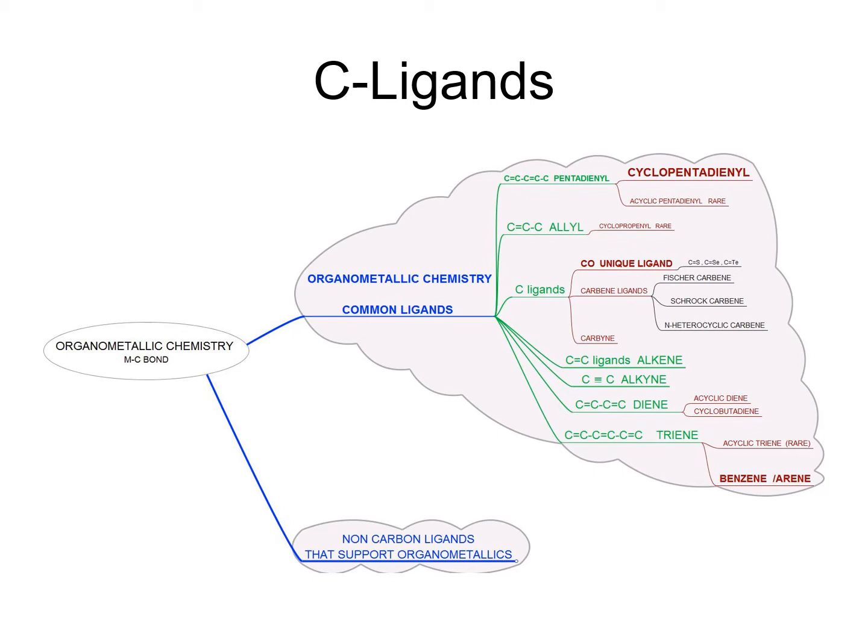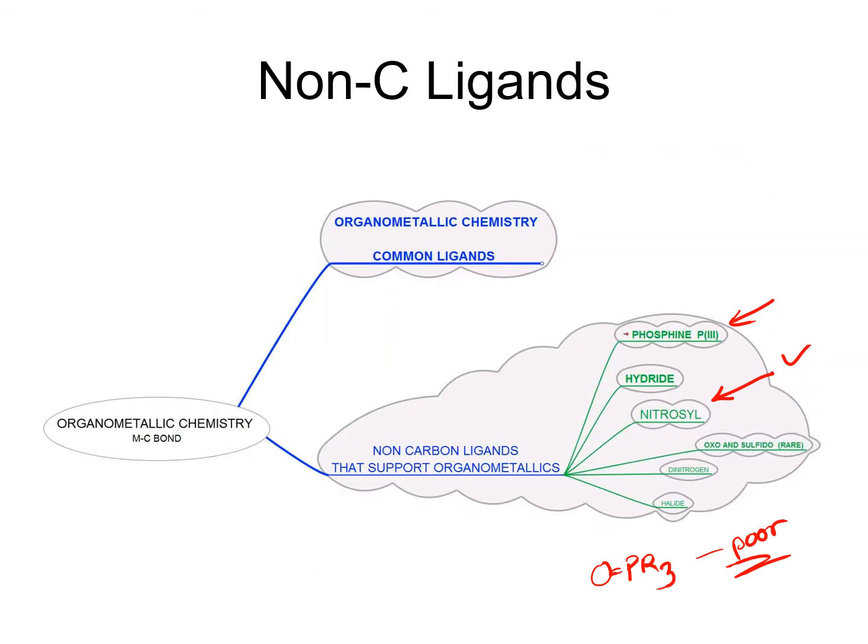Let me now look at the whole class of carbon-based ligands. Those are listed in this cloud, which is shown here. If you compare it with those of the non-carbon ligands that support organometallics, you find that they are in fact a slightly smaller group, but among them, phosphorus-based ligands are extremely important.